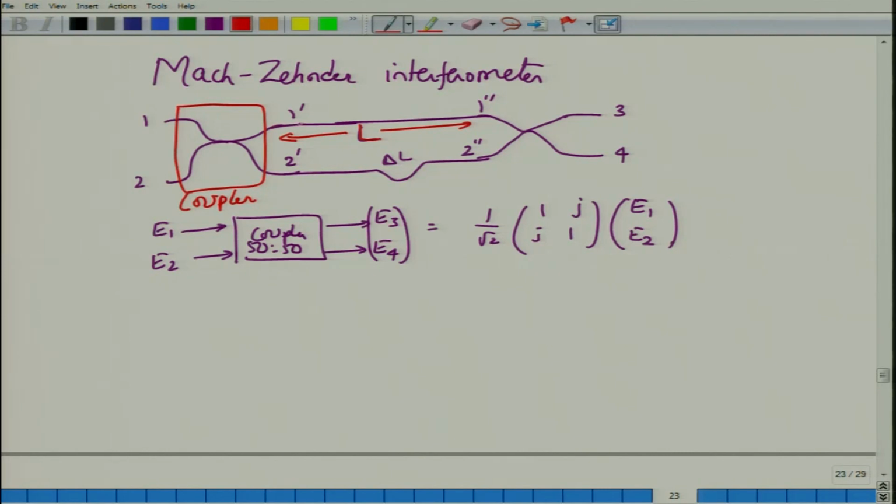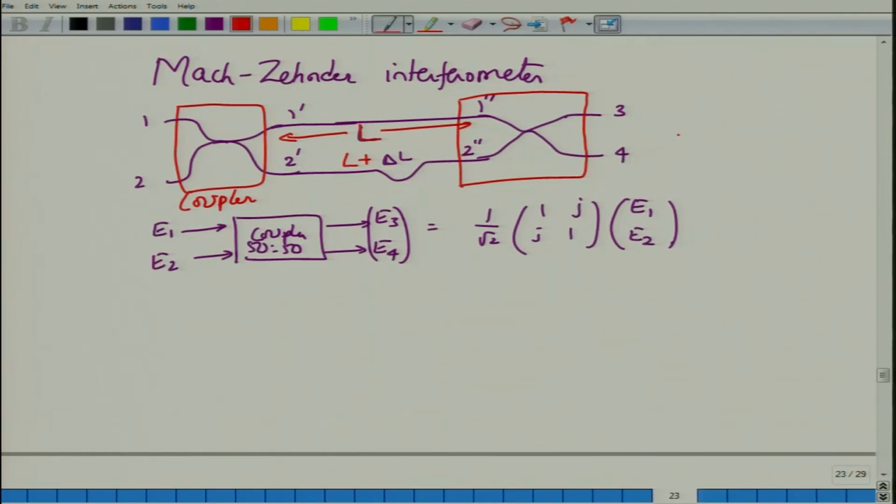The output ports of the input coupler are again single mode optical fibers of length L. The upper arm has a length L, while the lower arm has a total length of L plus delta L, where delta L is the small physical length mismatch that we have kept. Then we have one more coupler at which the two waves come in, interfere, couple to each other, and you get the output at port 3 and port 4.